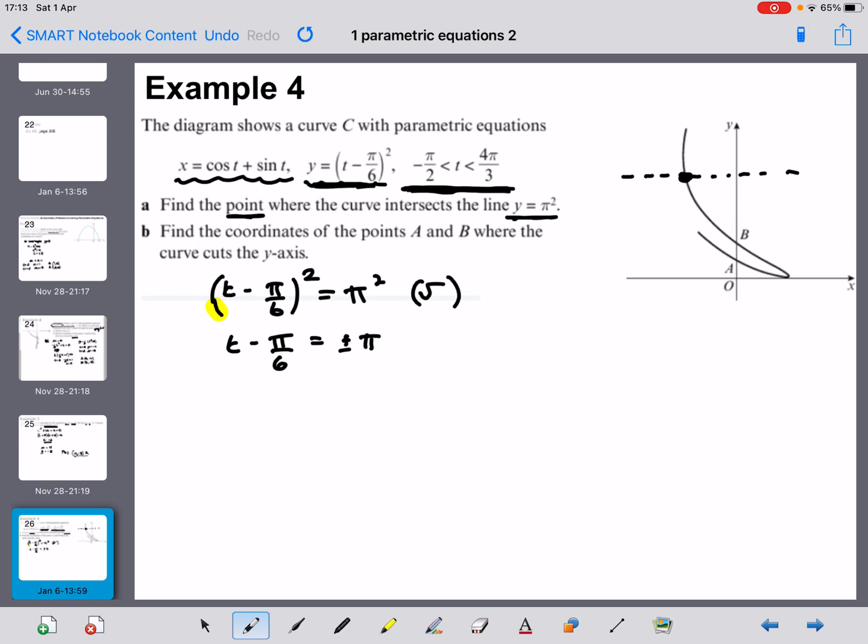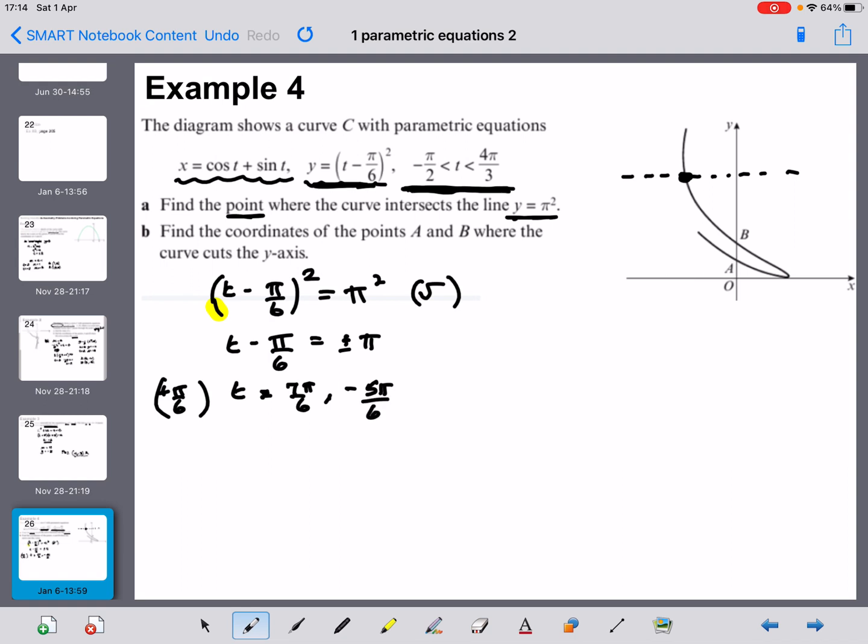Okay, so if I add pi on 6, t will equal positive pi plus pi on 6, which is 7 pi on 6, or it will equal negative pi plus pi on 6, which is negative 5 pi on 6.